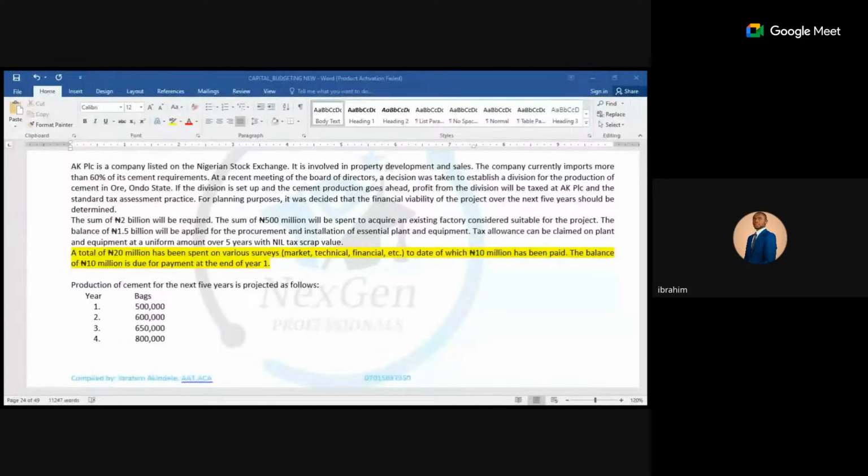Then our next class is on capital rationing, from capital rationing to decision tree, from decision tree to simulation. Then we are done with costs. Then immediately we solve one question on decision tree, so you can solve that past question. That's the last direct question, you can solve it.